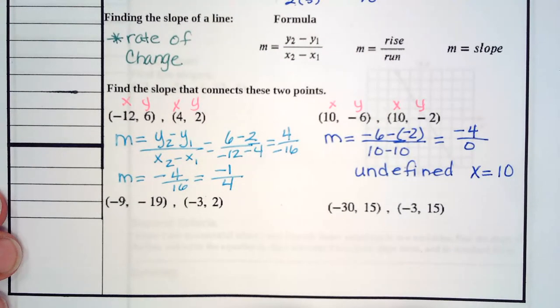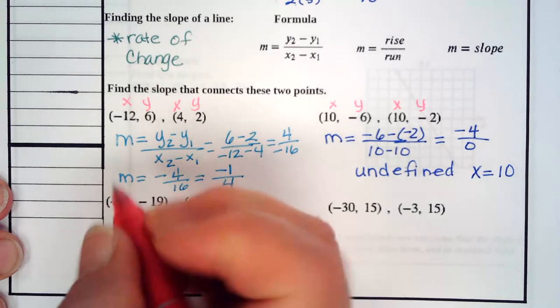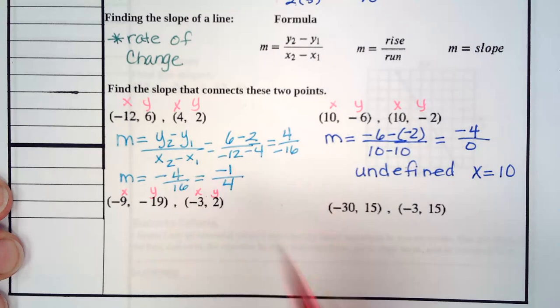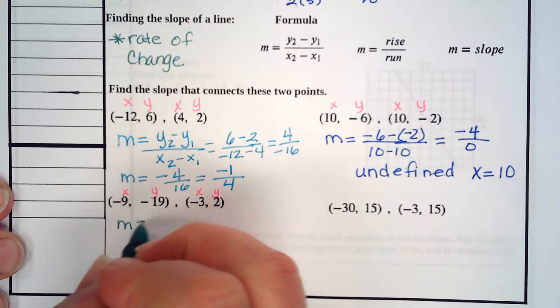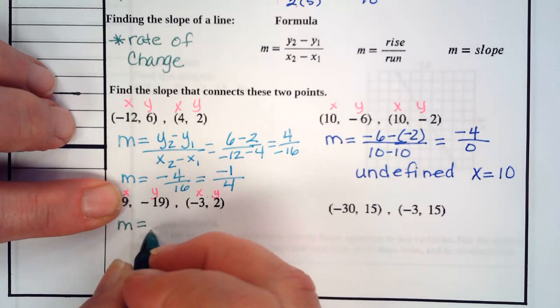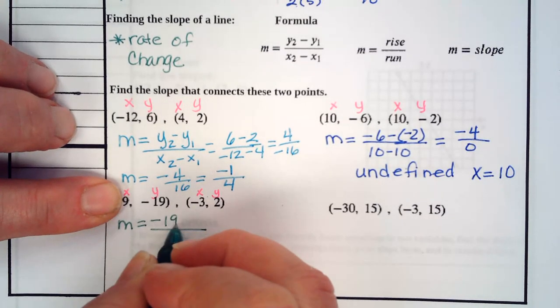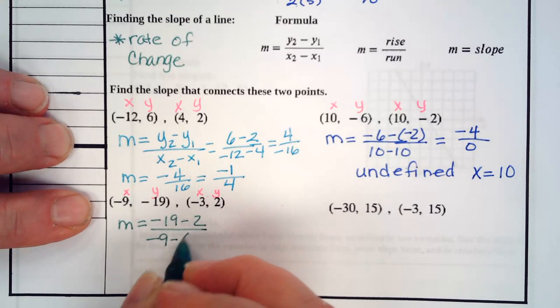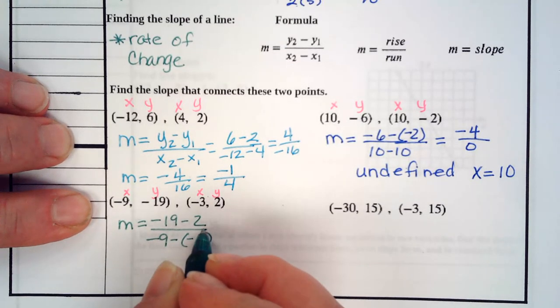I hope you paused and tried it on your own. x y, x y. So my slope is equal to negative 19 minus 2 over negative 9 minus negative 3.